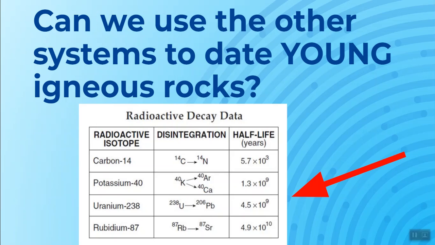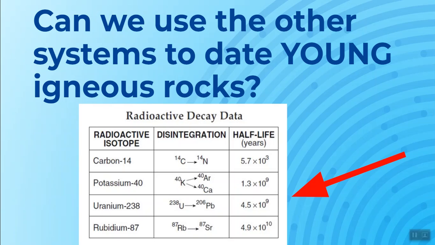All right, can we use the other systems to date young igneous rocks? Really hard to do. As you'll see from your assignment today, we figure out how the half-life relates to how old a rock can be that we can use to date it.